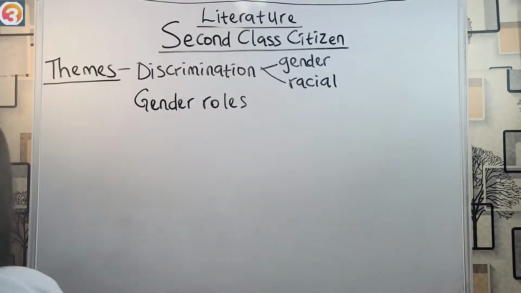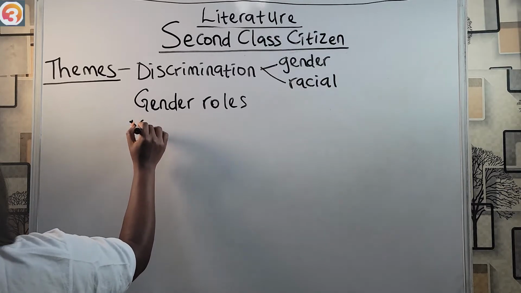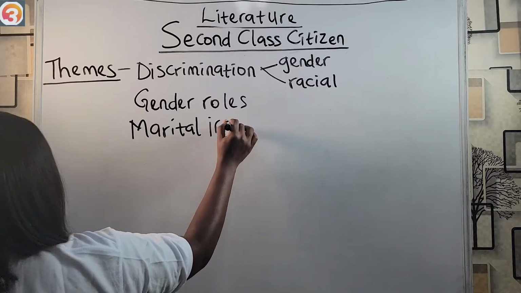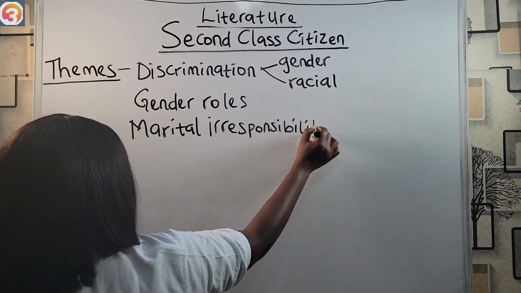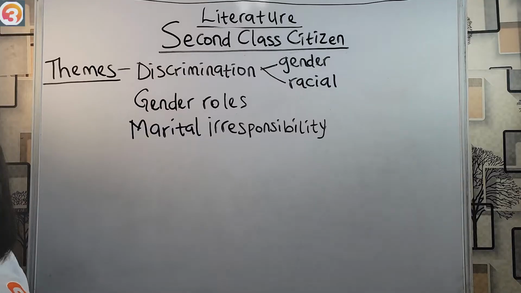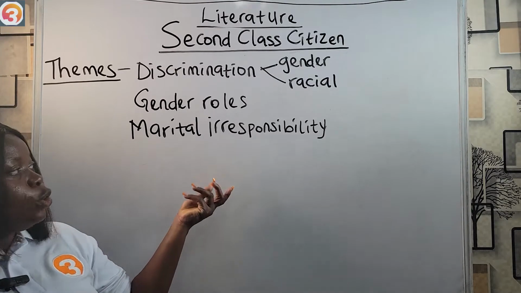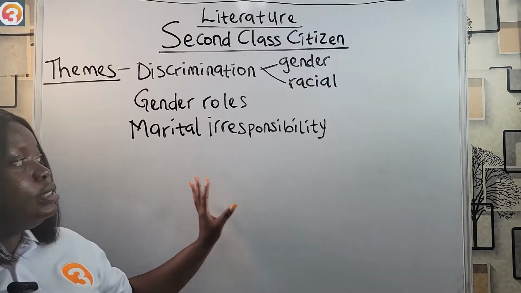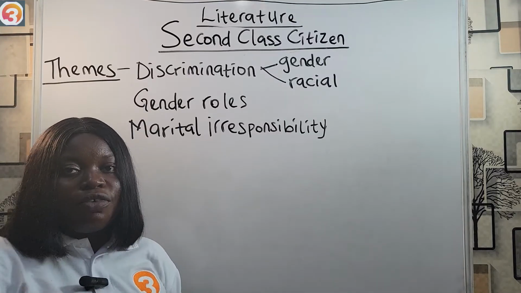Next, we have marital irresponsibility. This is especially demonstrated in Francis, Ada's husband, who is totally content to sit back and watch Ada take the lead as the breadwinner of the family.